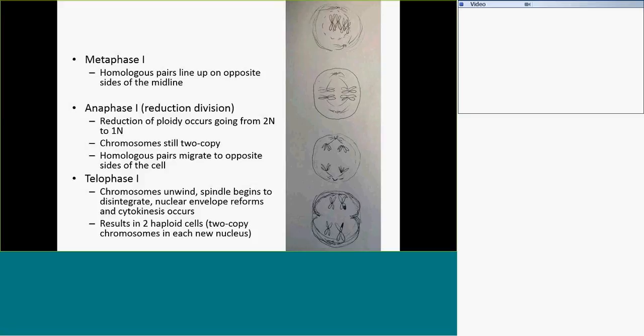It's going to divide again, and the spindle degrades and breaks down, and the nuclear envelope is going to reform. And cytokinesis follows right after telophase 1, and then we have 2 1N cells. So in humans, this would mean 23 2-copy chromosomes, 1 chromosome from each pair.